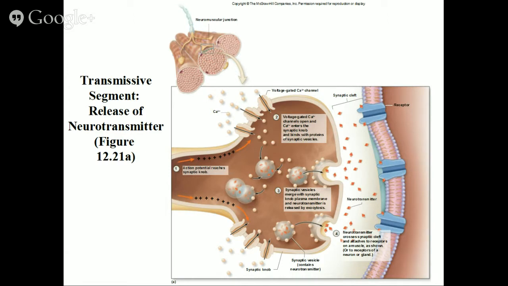For those of you who have been talking about the muscle tissue before you got to the nervous tissue, you should be elated and excited, because in this picture you can see there's the axon up there at the top of the screen. There's the axon coming from a motor neuron, and then here are the telodendria, these little extensions off of the axon, and then here are the synaptic knobs right there at the very, very end.